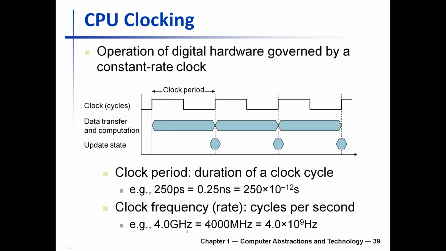So the same thing can be said: the clock is 4 gigahertz or 4,000 megahertz. The clock has 4 billion cycles per second. I'm sure you guys are familiar with this concept, so we'll not spend too much time on it.